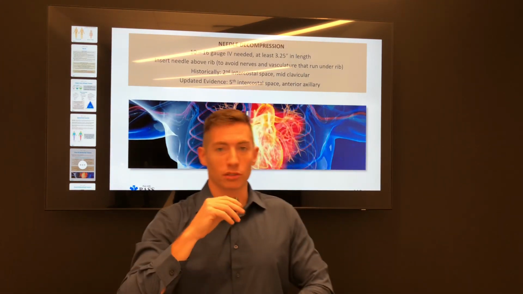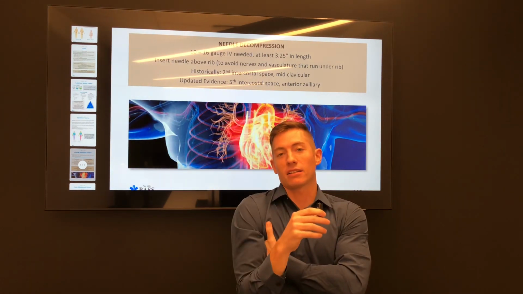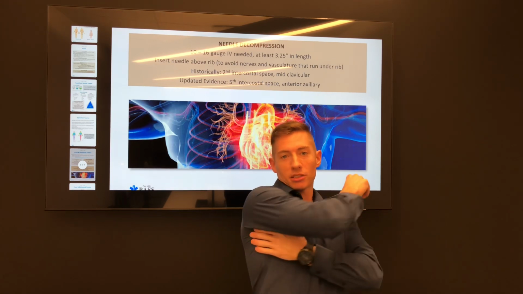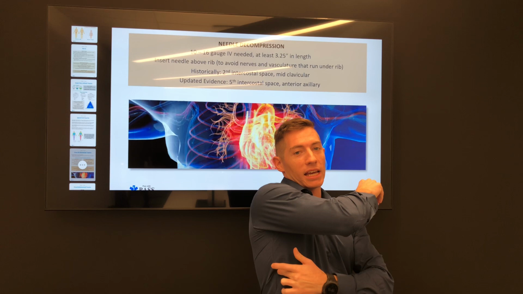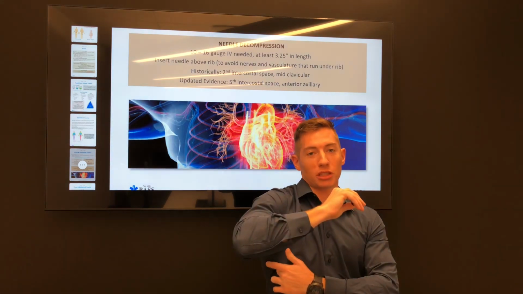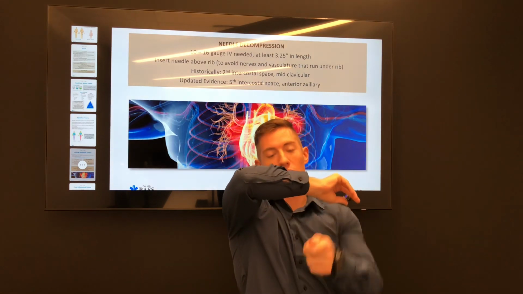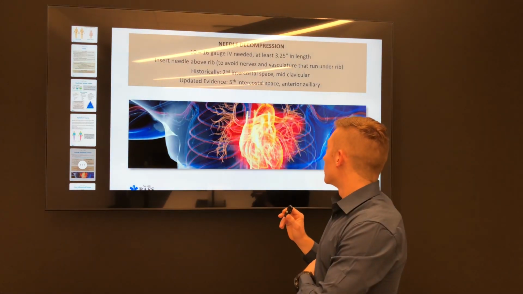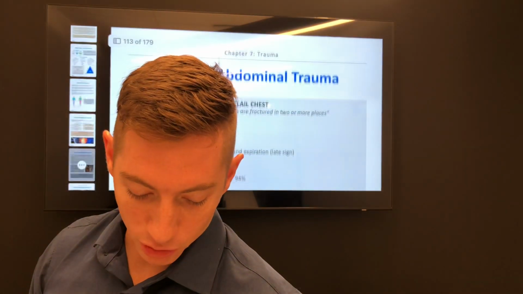So one good way to tell is if you put your hand underneath their armpit, typically where your pinky is going to be is the fifth intercostal space, and you want to stick the needle just above the sixth rib right there, just above it. Intercostal space, yeah.